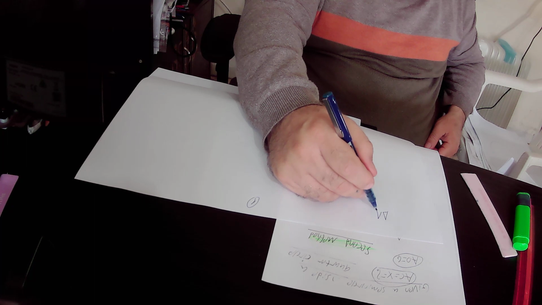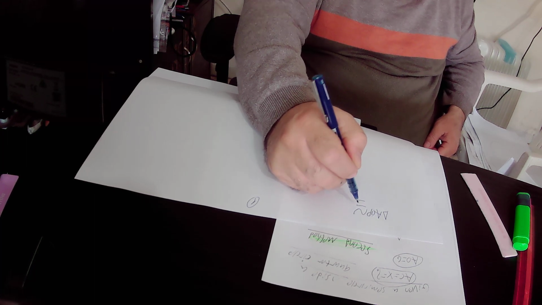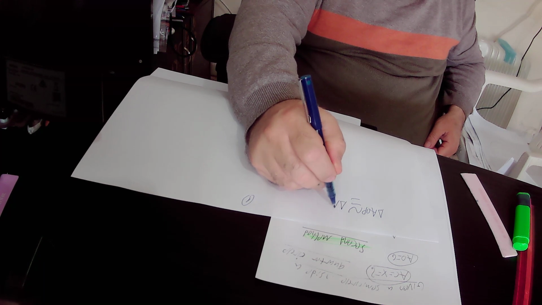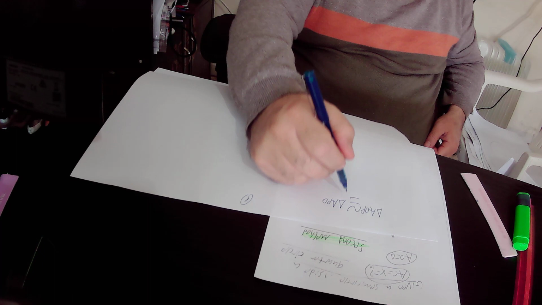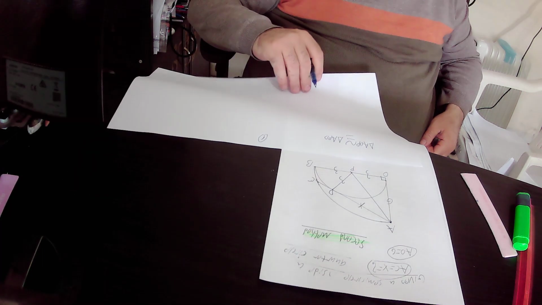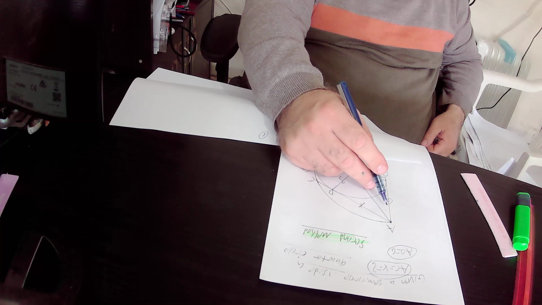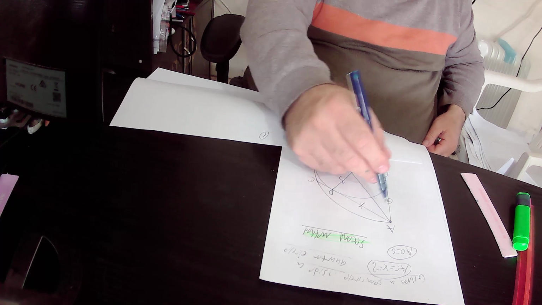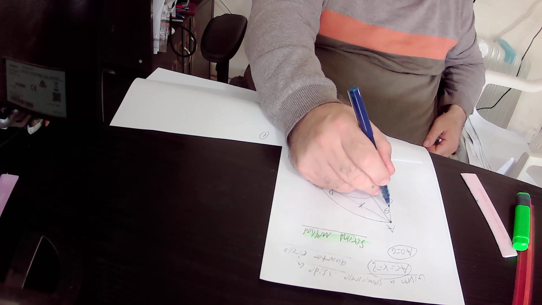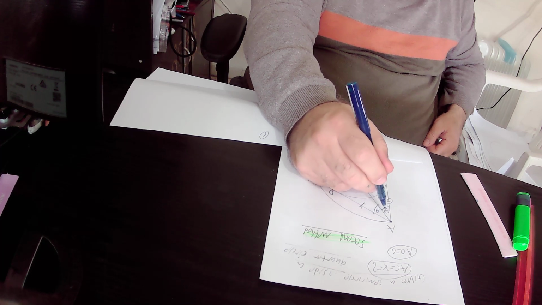From the fact that those two triangles are congruent, we conclude that those two angles are equal to each other, and if one angle equals theta, then the other angle must also equal theta.